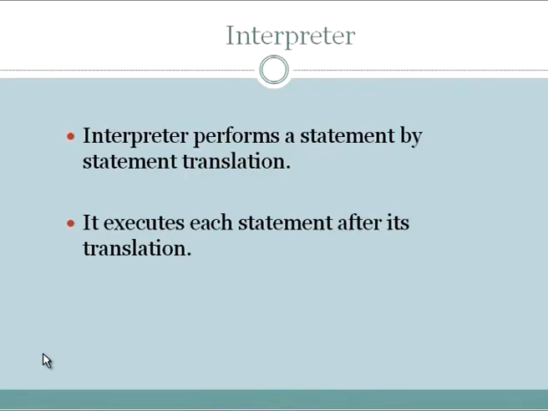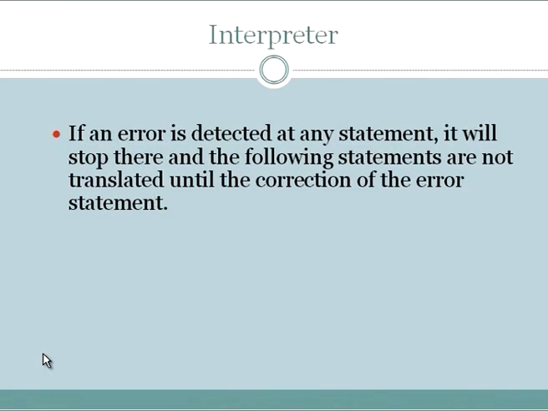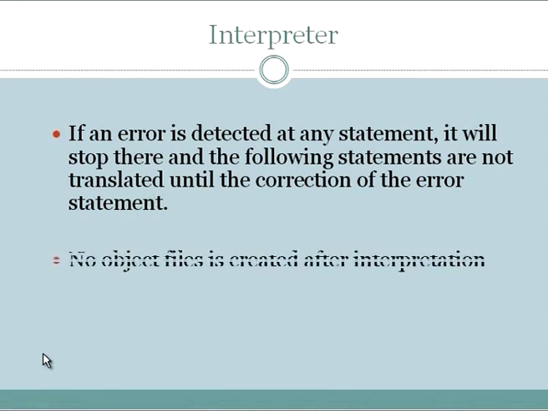Interpreter performs a statement by statement translation. It executes each statement of the program after its translation. If an error is detected at any statement, it will stop there, and the following statements are not translated until the error statement is corrected, and no object file is created after interpretation of the program.